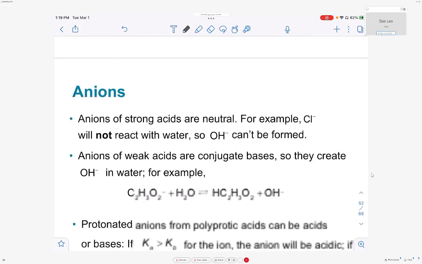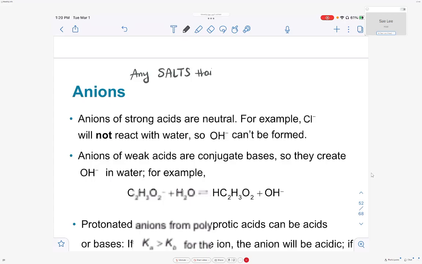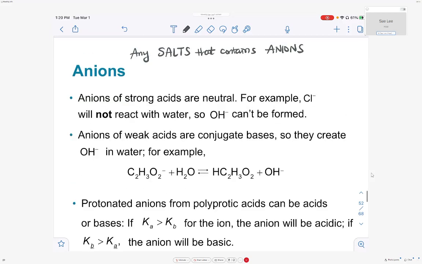So we're talking about any salt that contains anions. These salts can be neutral, basic, or acidic.